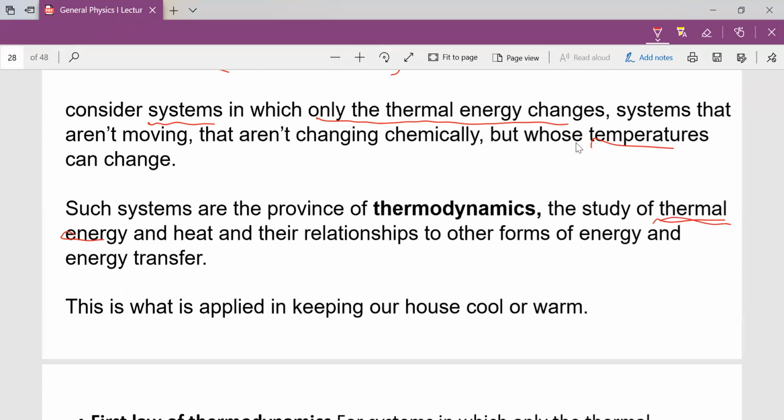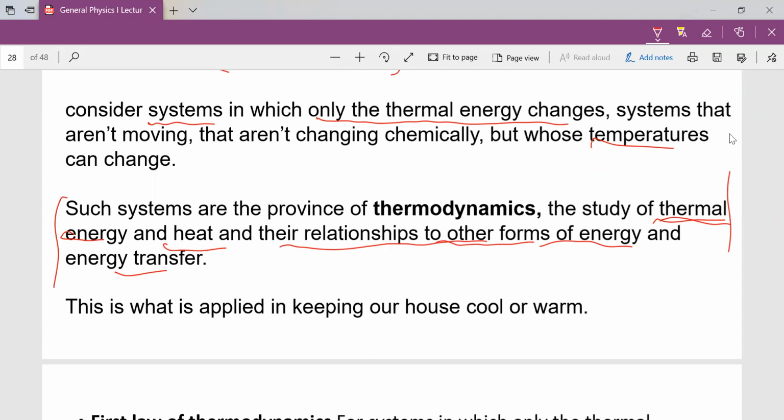So we'll be looking at the thermal energy change and heat, and also we'll look at the relationship with such system and other forms of energy as they transform. So this whole part is basically what thermodynamics covers, both the first and the second law, okay?